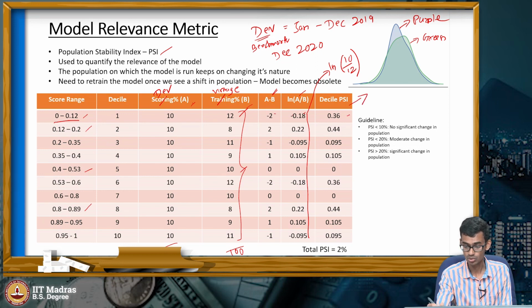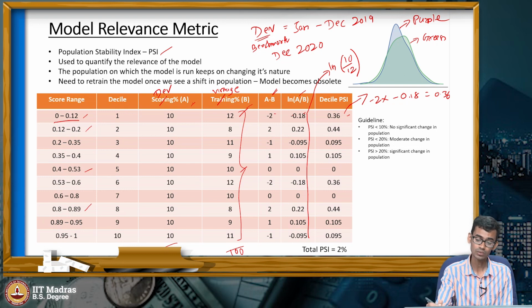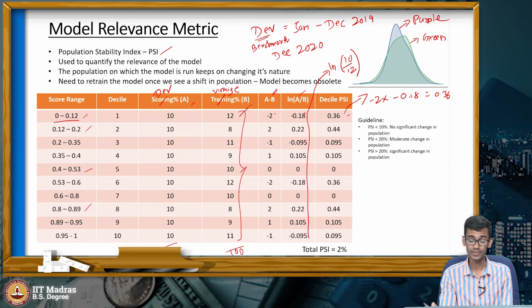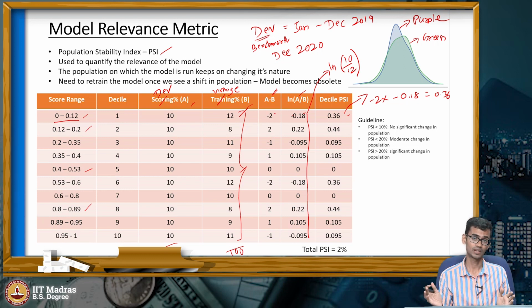So you get minus 2 into minus 0.18, which gives you 0.36. So that is going to be the decile PSI, and you find out this decile PSI for every decile. Once you have that, you take a sum of these, and that is going to give you the total PSI of the data set that you're looking at.